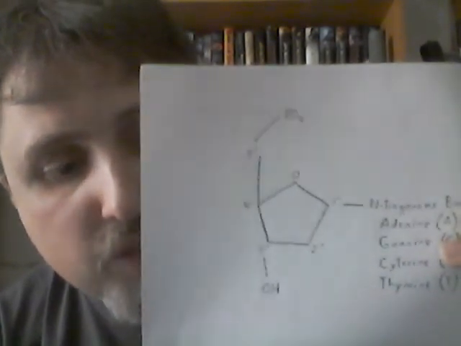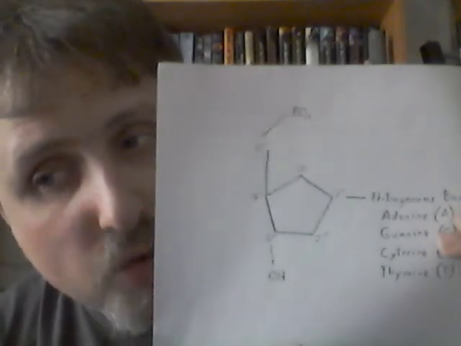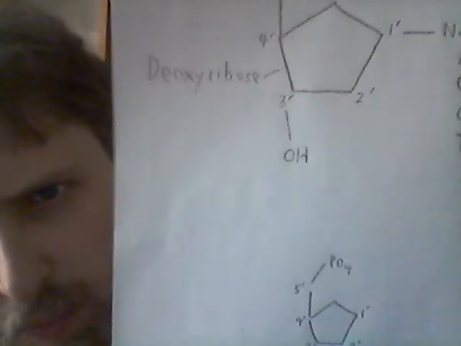The proper term for this molecule is deoxyribose. Just write that down for you. So that thing is the deoxyribose sugar, and it's from that term that we get deoxyribonucleic acid.